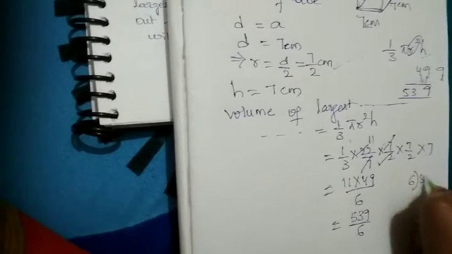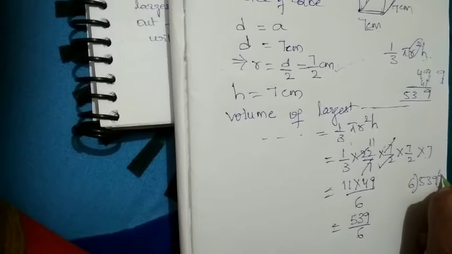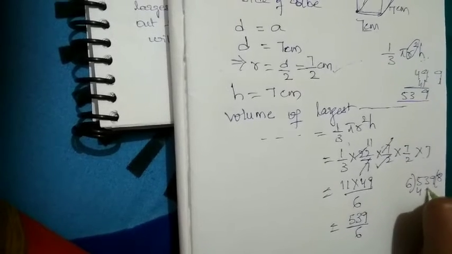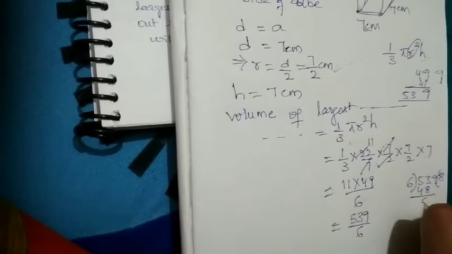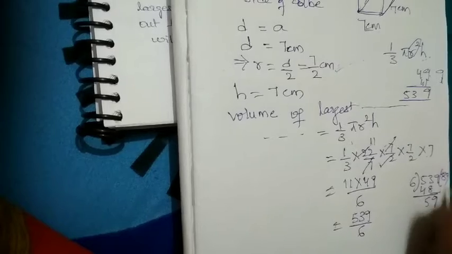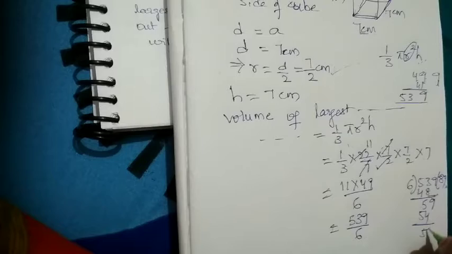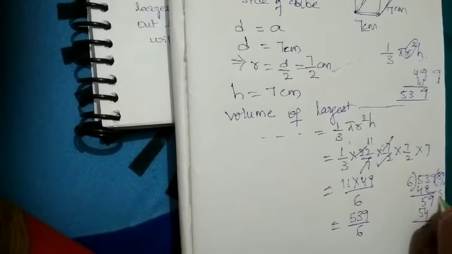Let us divide 539 by 6. 6 8s are 48. 13 minus 8 is 5. Here it will be 0. Now 59: 6 9s are 54, remainder 5. Then 0: 6 8s are 48.